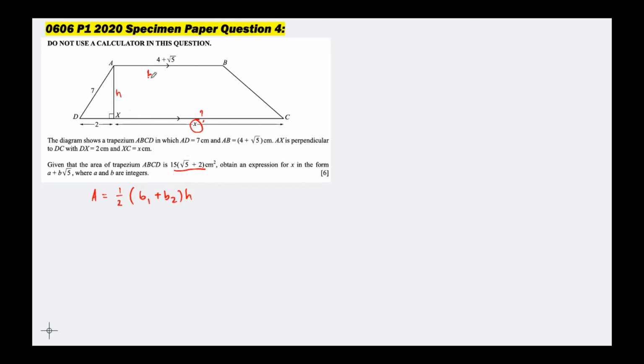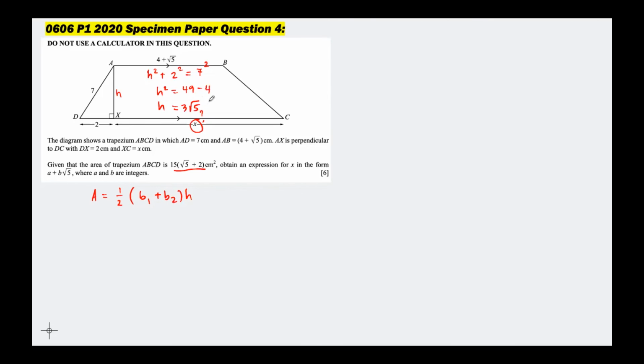By Pythagoras Theorem, the sum of the squares of the two shorter sides is equal to the square of the hypotenuse. So that gives us h squared is equal to 49 minus 4. And so therefore, h is square root of 45, which is 3 square root of 5.